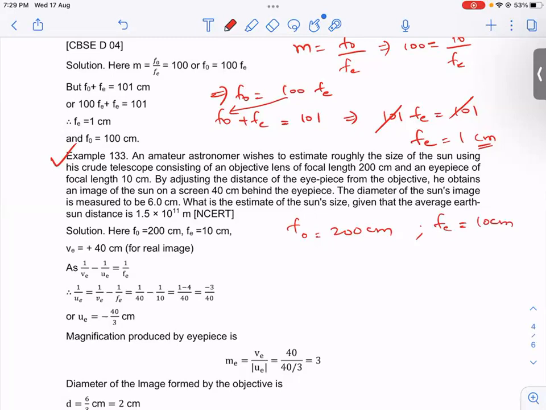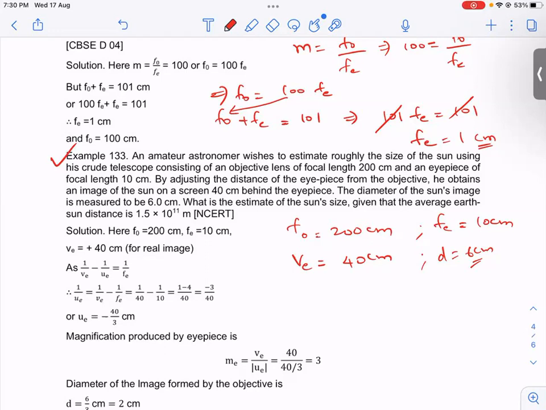By adjusting the distance of the eyepiece from the objective, he obtains an image of the sun on a screen 40 centimeter behind the eyepiece. The diameter of the sun's image is measured to be 6 centimeter. What is the estimate of the sun's size, given that the average Earth-sun distance is 1.5 into 10 power 11 meter?